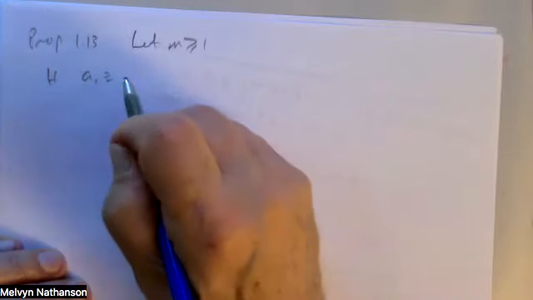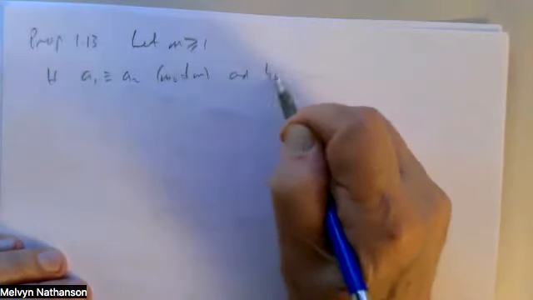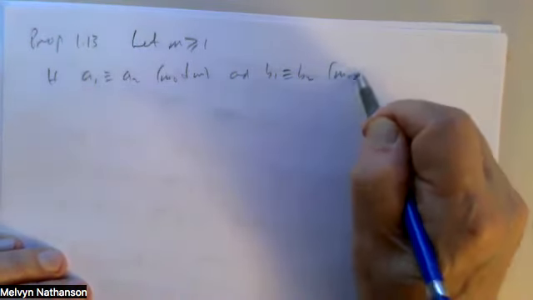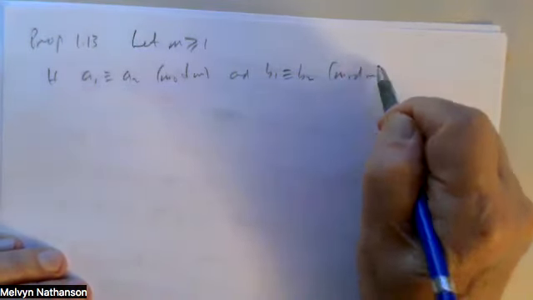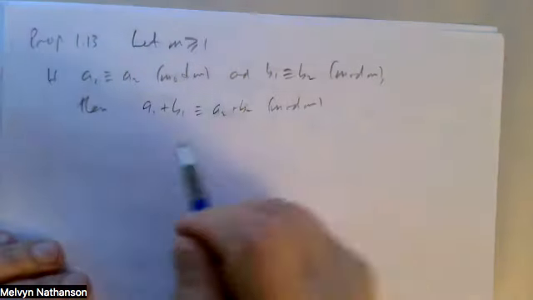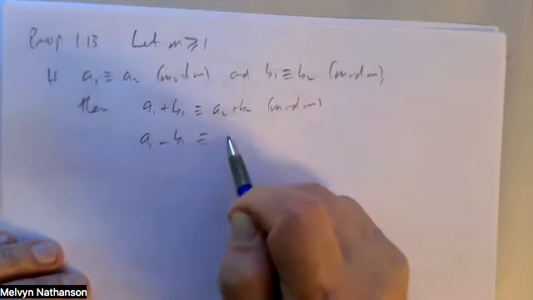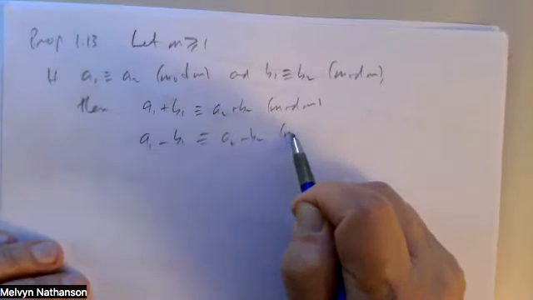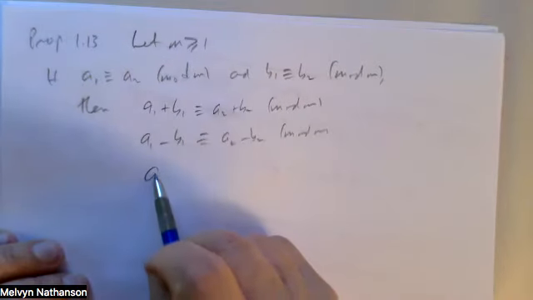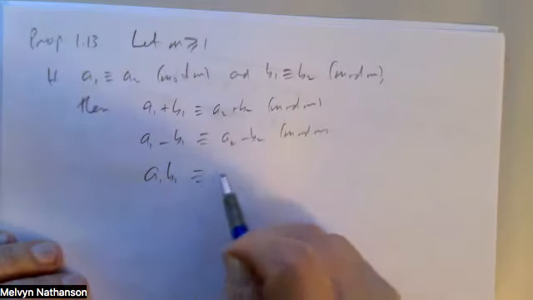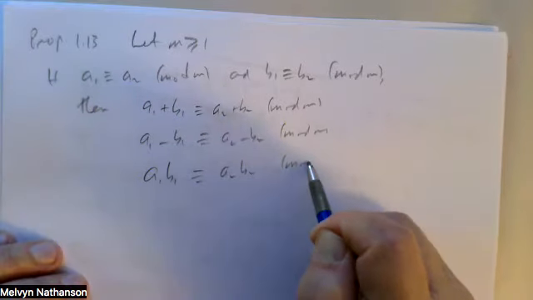If A1 is congruent to A2 mod m, and B1 is congruent to B2 mod m, then you can add the congruences: A1 plus B1 is congruent to A2 plus B2 mod m. And you can also subtract the congruences: A1 minus B1 is congruent to A2 minus B2 mod m. And you can multiply the congruences: A1 B1 is congruent to A2 B2 mod m.